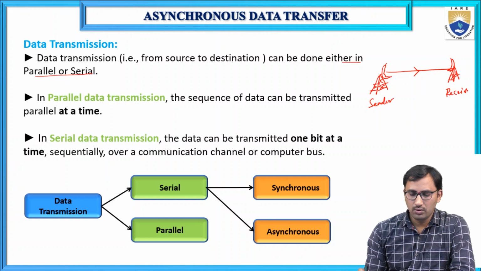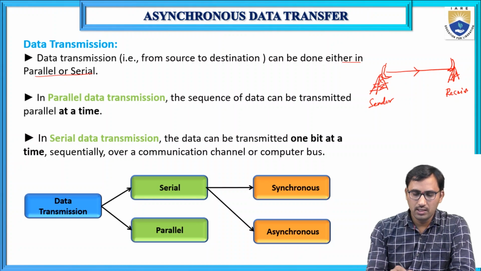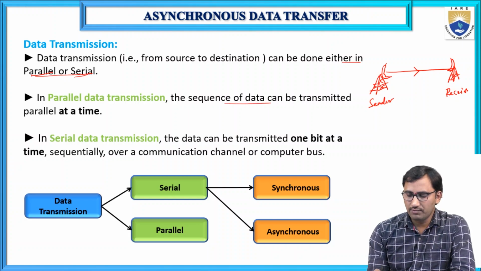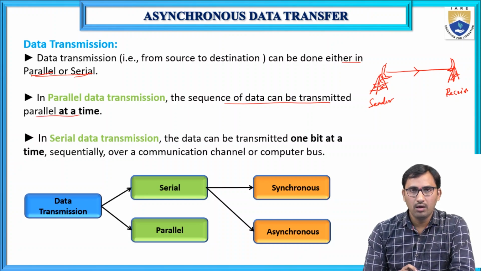So this data transmission can take place in two forms, that are parallel or serial. So either way we can transmit the data. In parallel data transmission, the sequence of data can be transmitted in parallel at a time. That means all the data from the sender to the receiver will be transmitted at the same time.